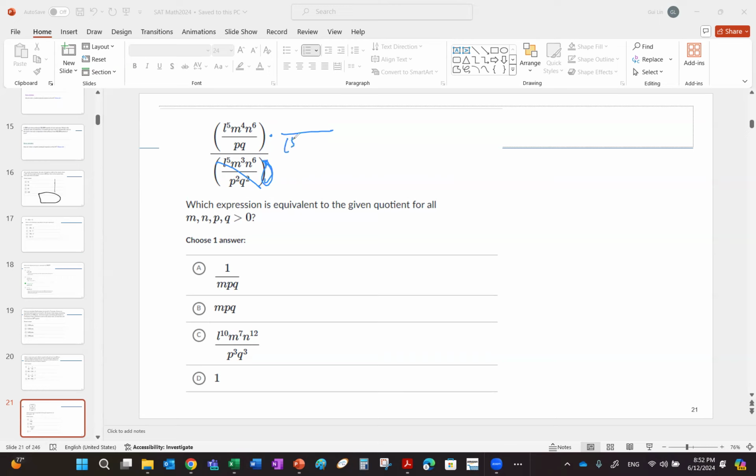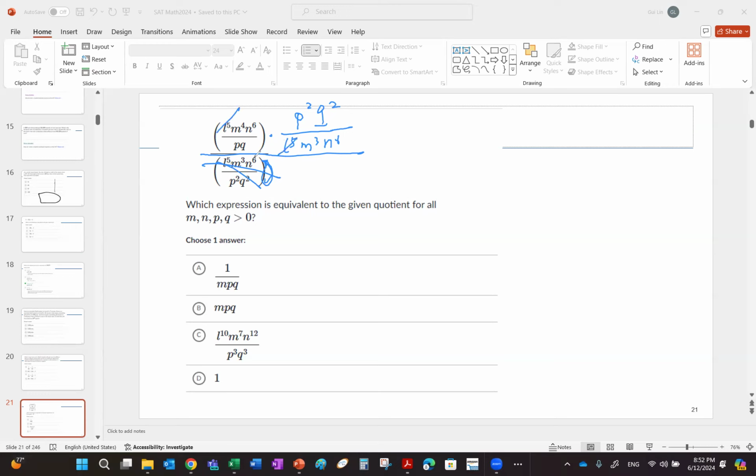So this one goes L5, M3, and 6. And this one P squared, Q squared, right? So flip over. If I delete part, it became this one, right? So we can do the what? Do elimination.